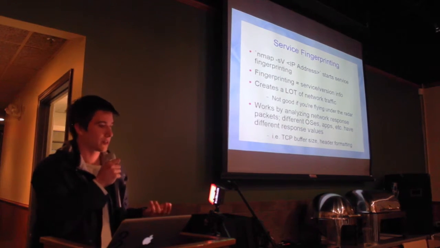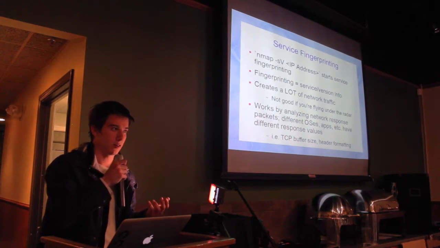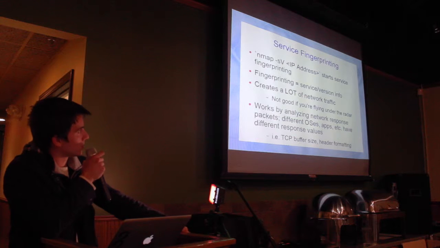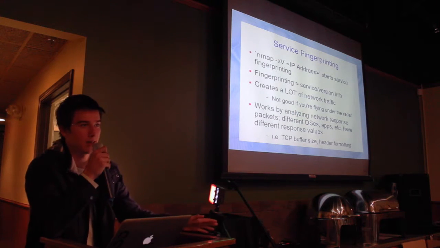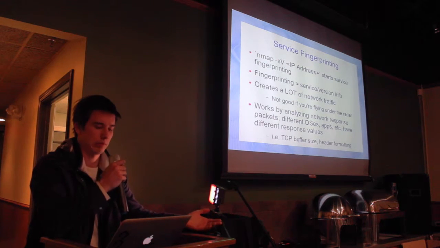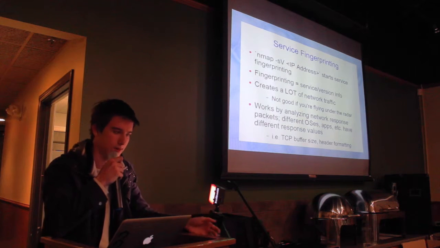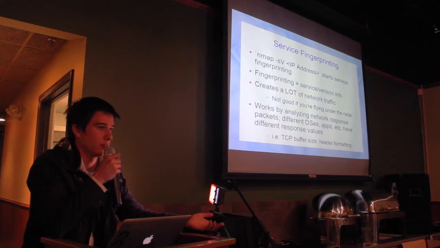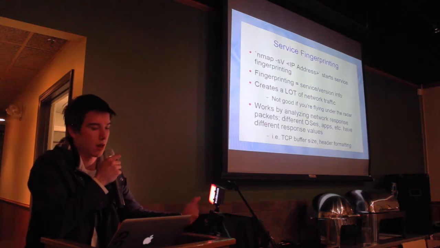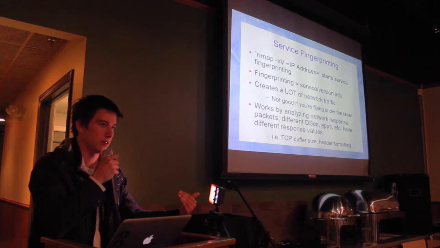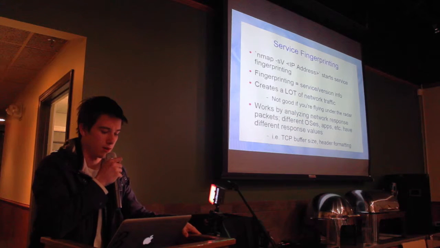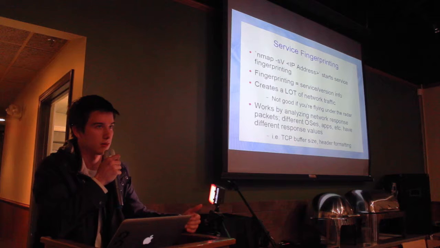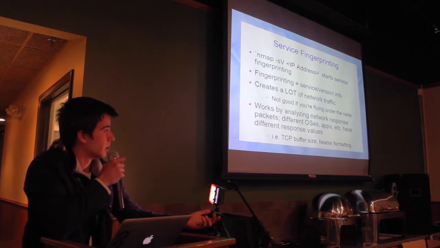Service fingerprinting. This is actually a really cool feature. I had to do a lot more research on this particular topic for this presentation. Nmap has this giant database of services that live on certain ports, like SSH on port 22 or HTTP on port 80, common services that it expects to find when it sees that port 80 is open. It'll send particularly crafted packets to these ports after it's already determined that they're open.